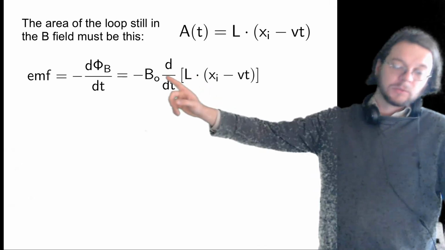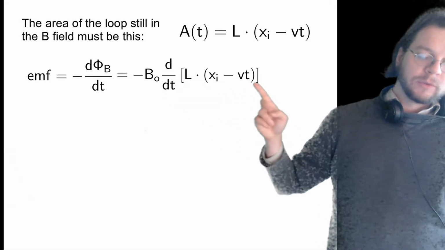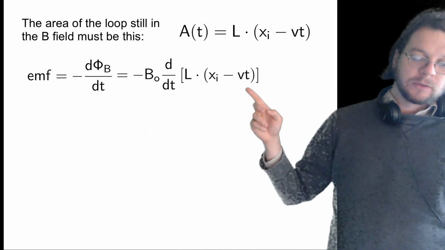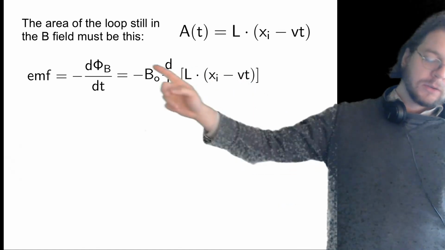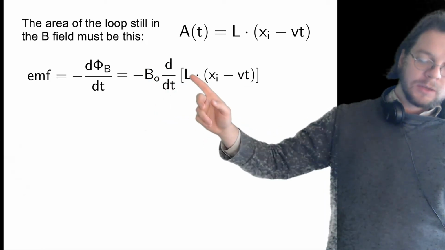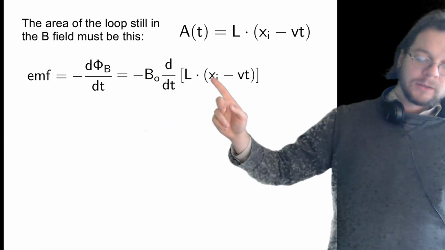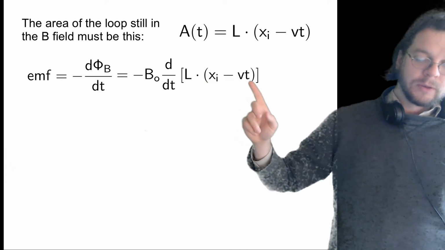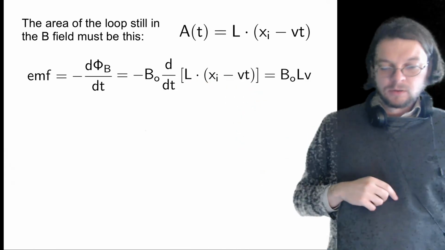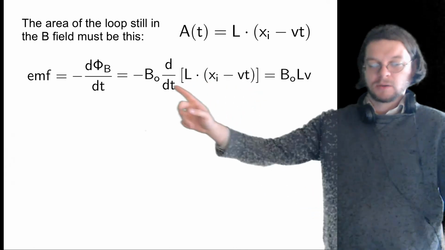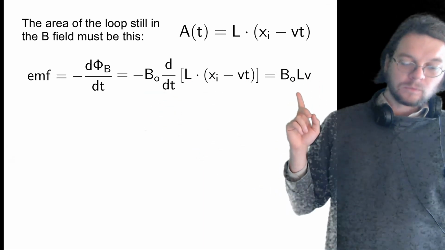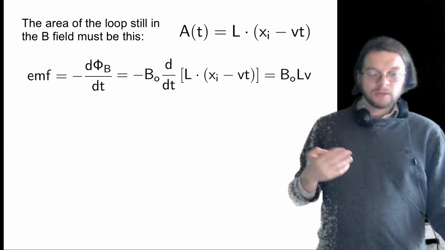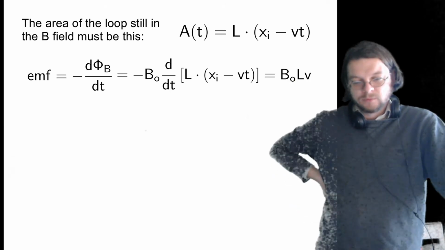I probably could have moved that out. But if you look at the things that depend on time over here, there's only one thing that depends on time, which is this vt term. So you're going to end up with B times L, not necessarily times x initial, but definitely times v. I hope you can see the minus and the minus. You end up with something like this. And then that tells you what the voltage in the loop is.